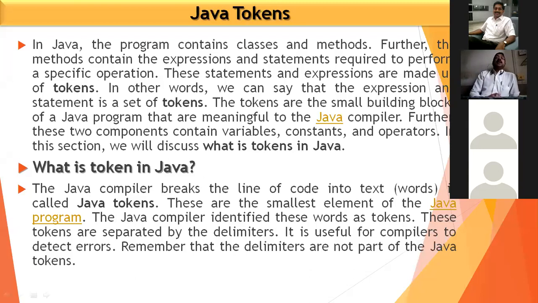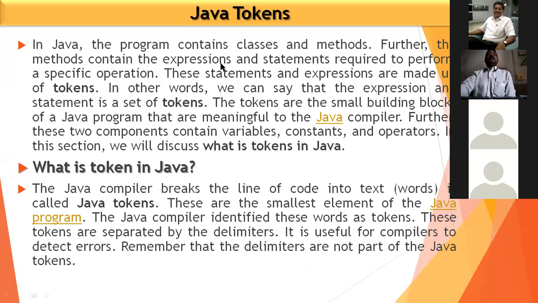This is again a very important point regarding core Java. We know that in Java, the program contains classes and methods. Those programs will be contained in the classes and methods.